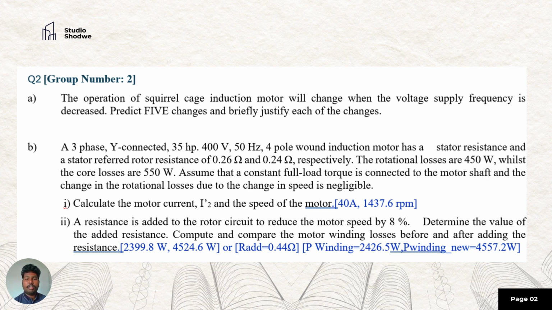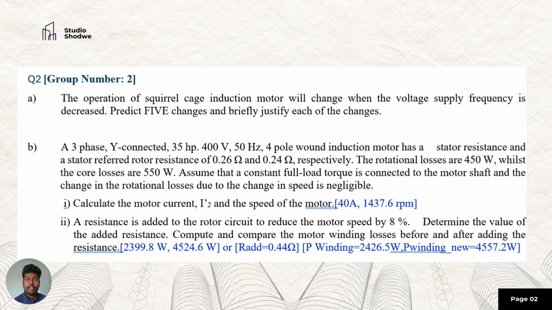The rotational losses are 450 watts, while the core losses are 550 watts. Assume that a constant full load torque is connected to the motor shaft and the change in the rotational loss due to the change in the speed is negligible.